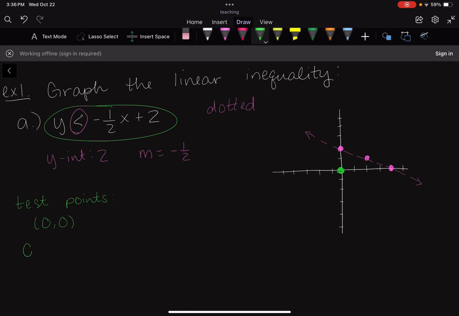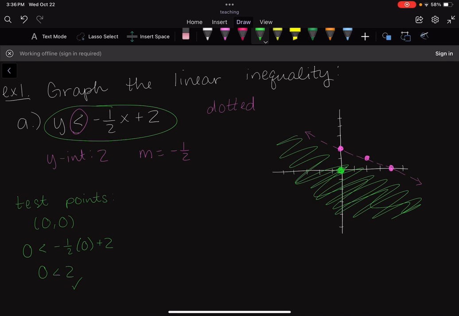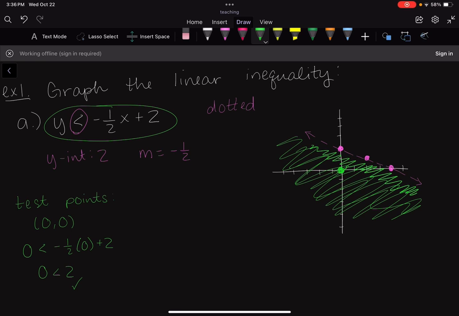I get 0 is less than negative 1 over 2 times 0 plus 2. So here I get 0 is less than 2. And since that is true, that means that I can shade this region, and any point underneath this line, all the way up to the line, but not including any points on the line, will satisfy this inequality.